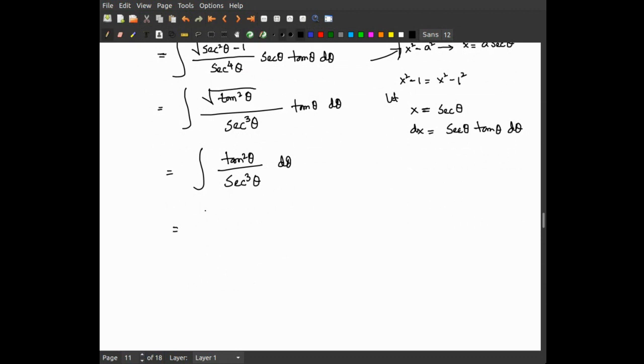So let's do that. We have tan squared theta, and we know tan squared theta can be written as sine squared theta divided by cos squared theta. And secant cube theta, because 1 over secant cube is cos cube theta, so this is cos cube theta. Now we can see there are cos squared theta getting cancelled. So we have sine squared theta over cos theta.